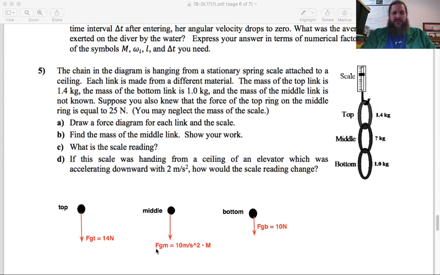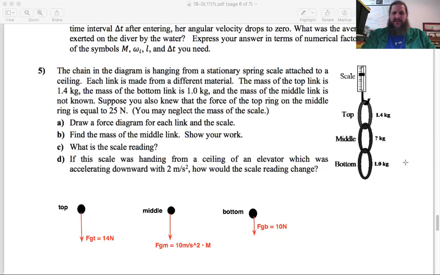But of course, those aren't the only forces acting on them, because they're not falling. Again, starting with the bottom one, because I think that's going to be the simplest one to analyze. What's the one other force acting on the bottom link that prevents it from falling? The force of the middle link?